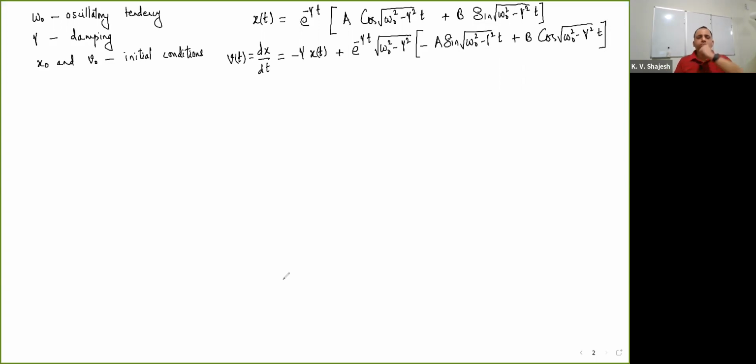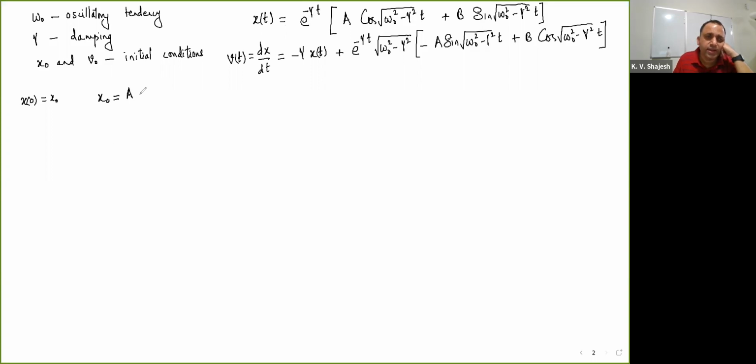That's your second term in there. Our initial conditions say that x at time t equal to 0 is x naught. So using the solution itself, at t equal to 0 the exponential term doesn't survive, the sine term doesn't survive, and cosine gives you 1, so it's just a.